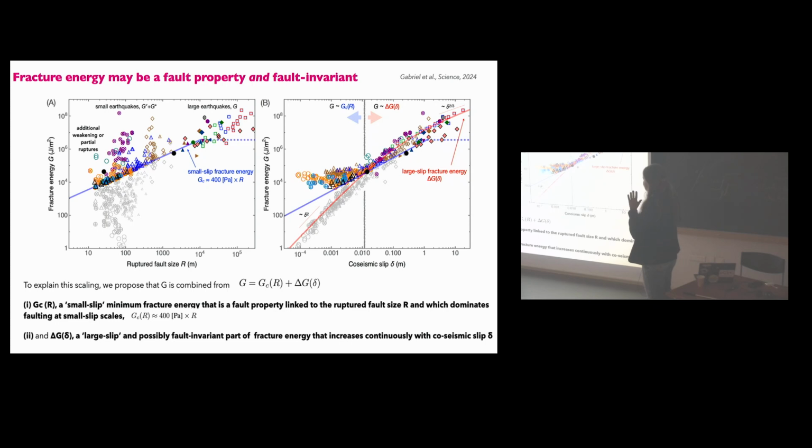This is where these two competing mechanisms are dominant, either for small slip or for large slip fracture processes. So again, as a reminder, the small slip minimum fracture energy is a fault property linked to the ruptured fault size, and dominates faulting at small slip scales. The large slip and possibly fault invariant part of fracture energy increases continuously with co-seismic slip.